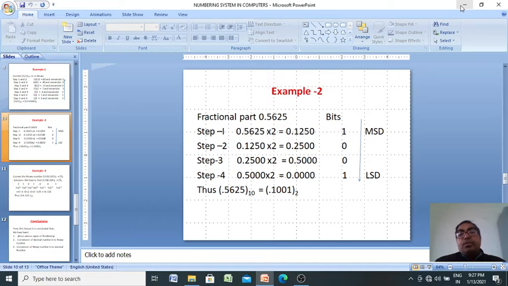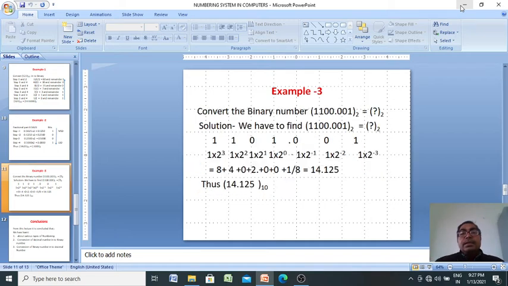We find 0.2500. It is a 0 bit. Again 0.2500 multiplied by 2, we find 0.5000, and 0.5000 multiplied by 2 gives 1.0. In this way, we can change the fractional part of a decimal number into a binary number by multiplying by 2.